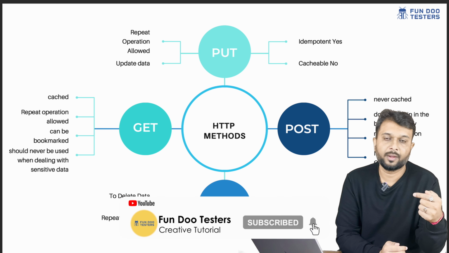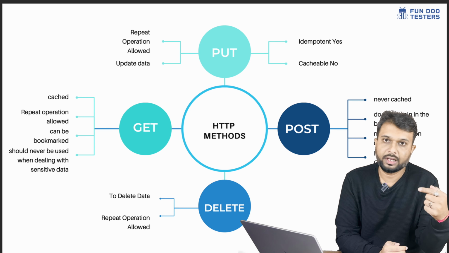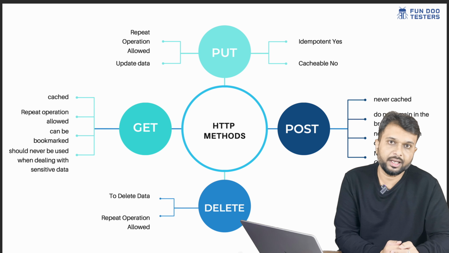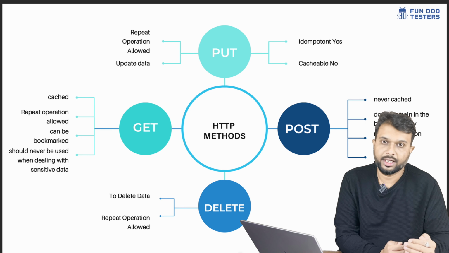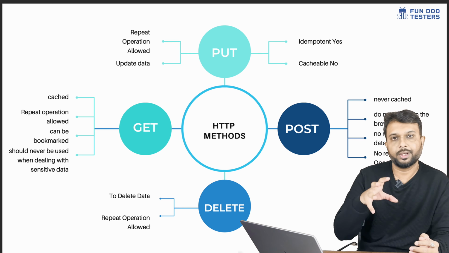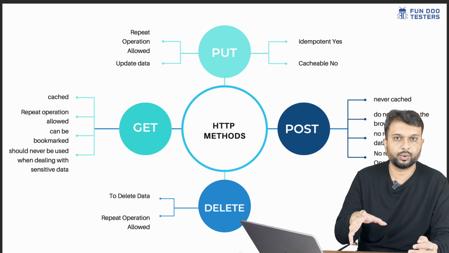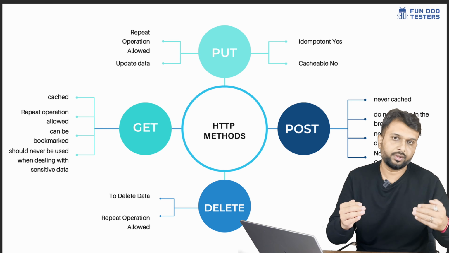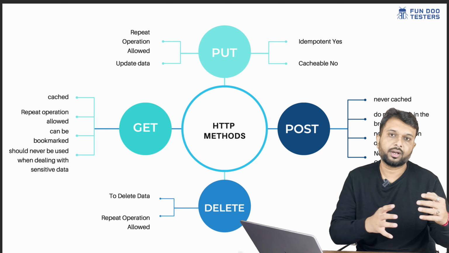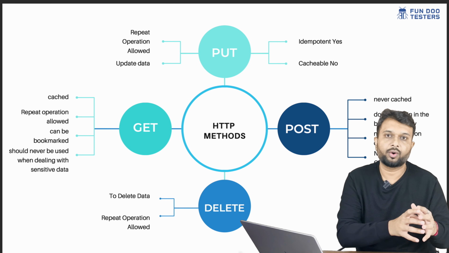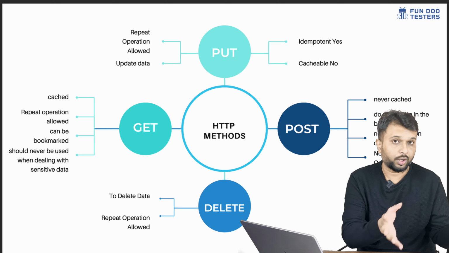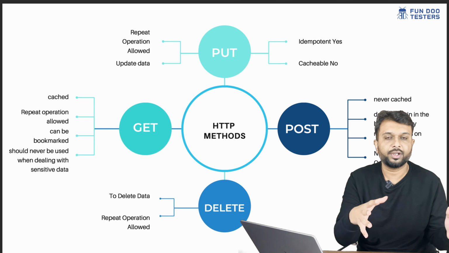Because let's say we trigger the delete request multiple times, it has already deleted the first copy. So later on we don't have a copy of that particular resource. So it will throw an error, but it will not generate duplicate data or impact any other data. It will simply throw an error.